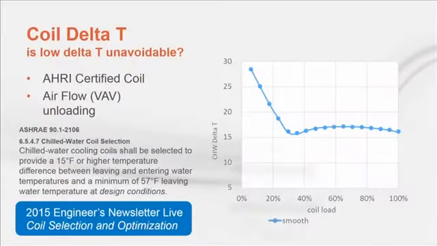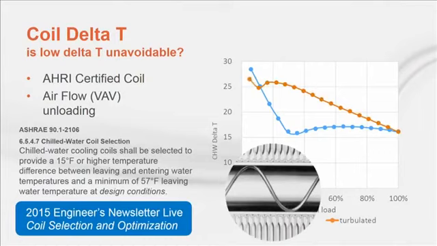As an aside, what would be the variable flow coil delta T performance if the coil had internal heat transfer enhancements, or what is sometimes called turbulation? The delta T actually rises dramatically and the flow drops proportionally throughout the load range. This technology is often rejected because of its higher full load waterside pressure drop.